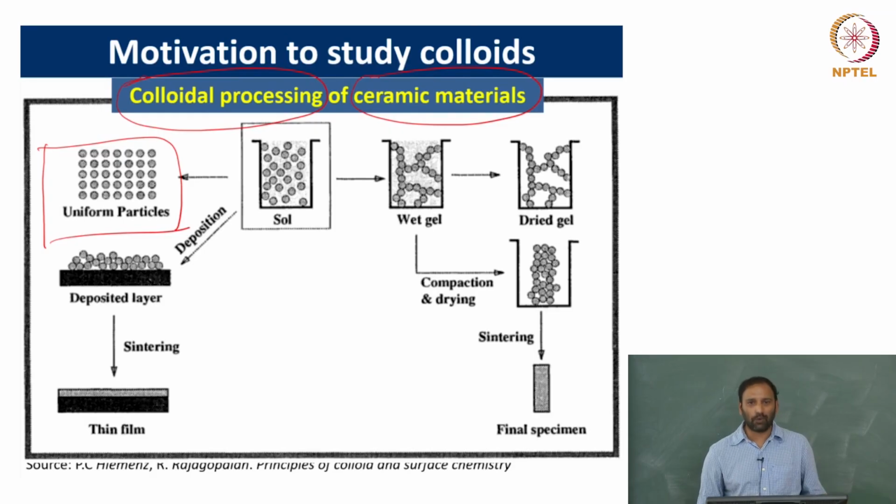I could buy them in powder form, with particles of exactly the same size. I take such particles and put them in a fluid to make what is called a sol, which essentially is a dispersion of particles in a fluid. That is about it.